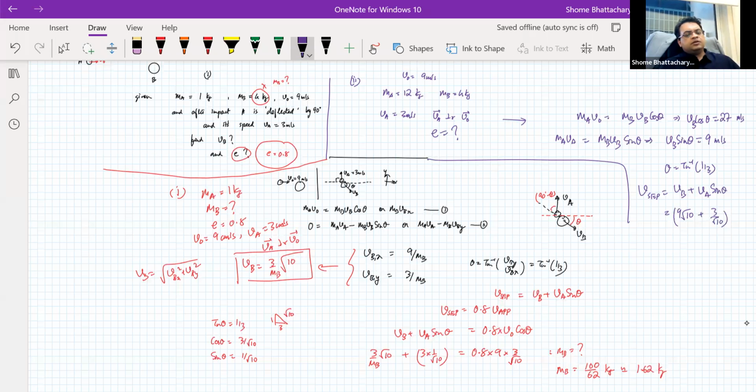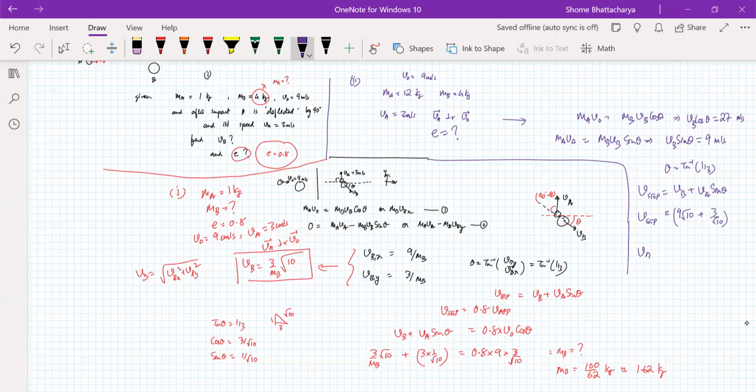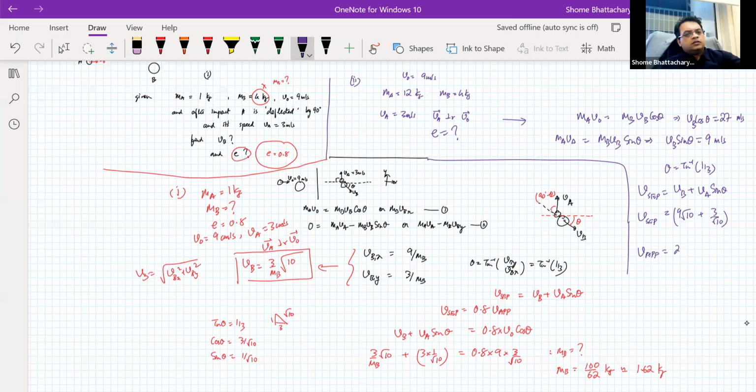So this is our separation velocity, and our approach velocity is the same as before. It's V naught cos theta, which is 27 by root 10.